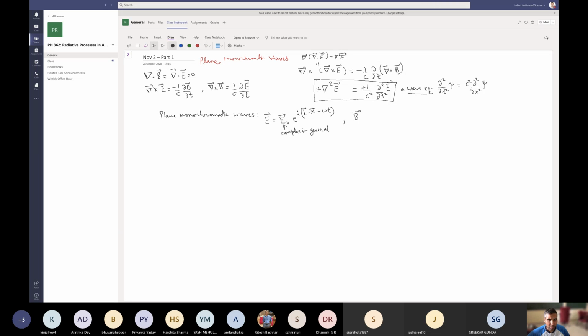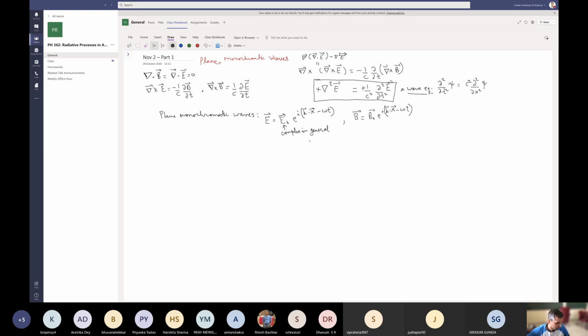It has x, y, z, 3 components in principle. Similarly, B has a similar form. All the spatial and time dependence is in this e to the i factor. So these are plane wave solutions.